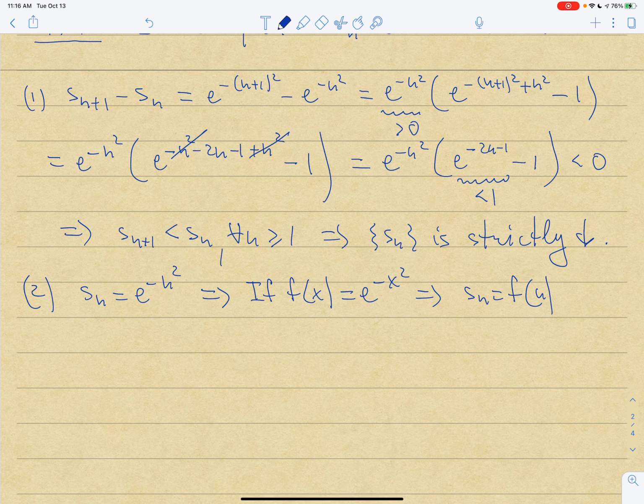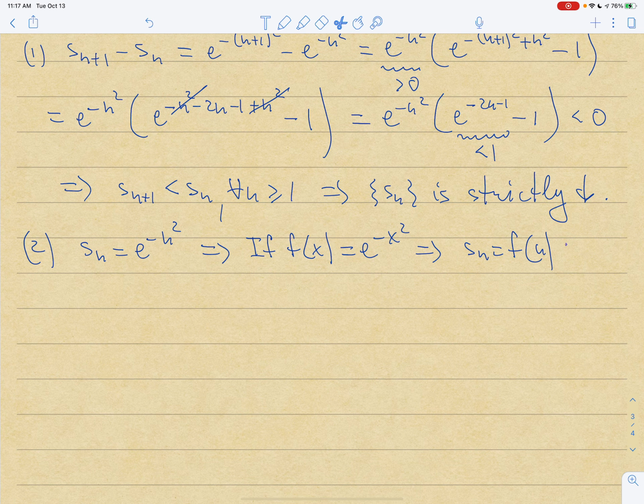So it would be enough to prove that this function f of x is decreasing, and if it is decreasing always, then certainly the discrete values that I take along the graph of this function should also be decreasing.